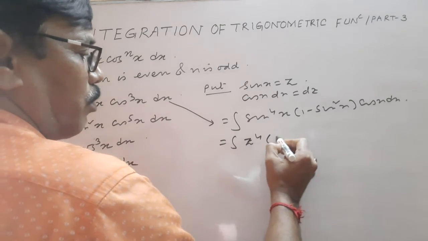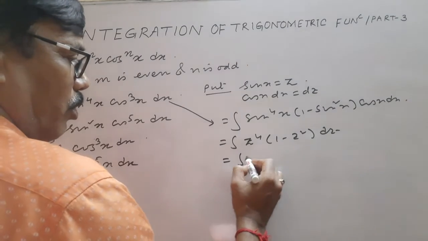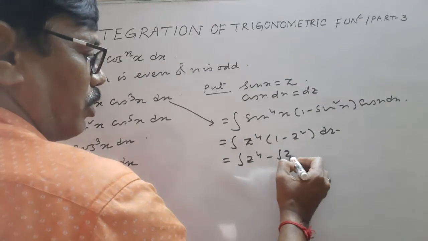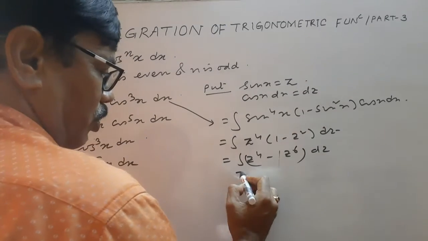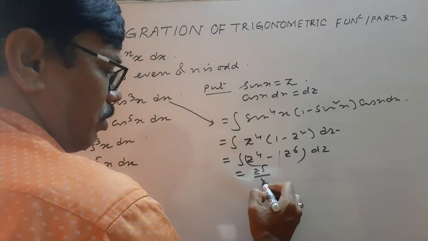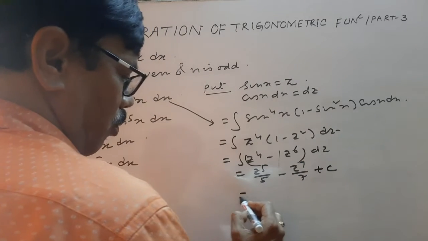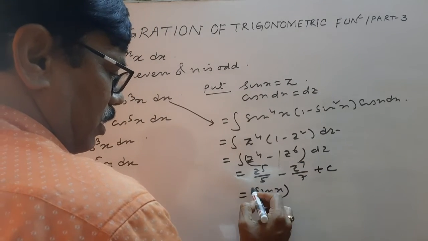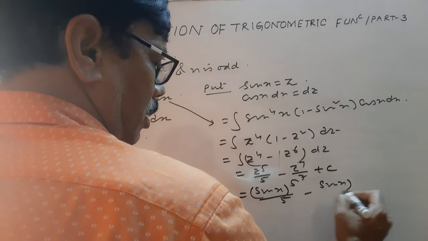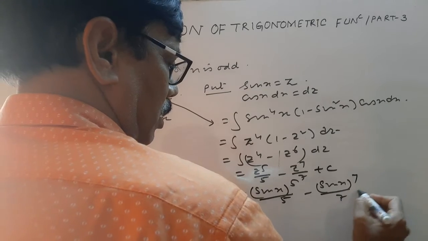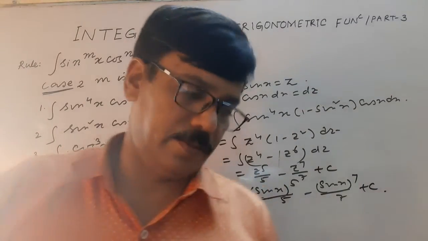So z to the power 4, 1 minus z square dz. So z to the power 4 minus z to the power 6 dz. So z to the power 5 by 5 minus z to the power 7 by 7 plus c, where z equals sin x.